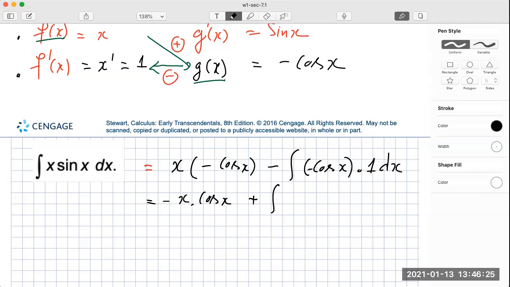Negative times negative inside here gives us a positive cosine x dx. So what is the antiderivative of cosine x? Very good, thank you.